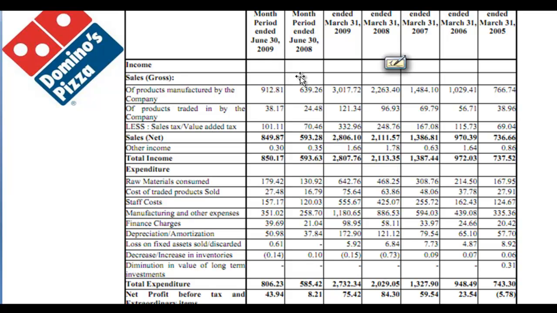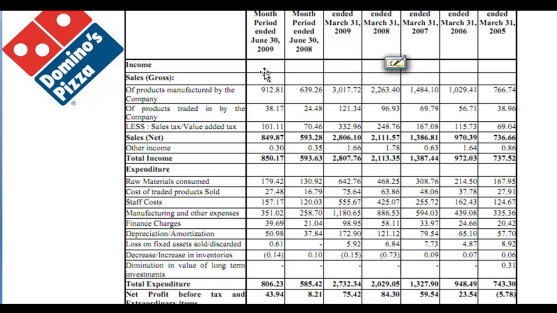Typically a public company, a company that's listed on the stock exchange, always reports its results on a quarterly, 3-month basis. So 3 months ended June 30th, 2008 basically means this column represents Domino's profit or loss statement for April, May, and June, those 3 months. And similarly here, April, May, and June 2009.